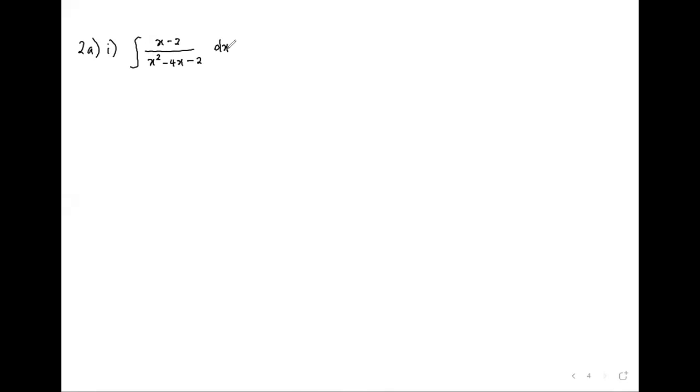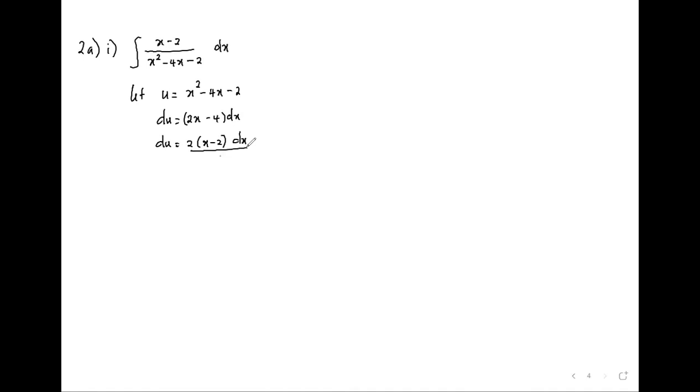So when you have such a thing, it's a fraction, but if you look at the fraction, it looks like we can easily let the denominator be u, and when we differentiate it, it will be related to the numerator. So if we differentiate this, it will give us 2x minus 4 dx. So we can write du as 2x minus 4 dx.